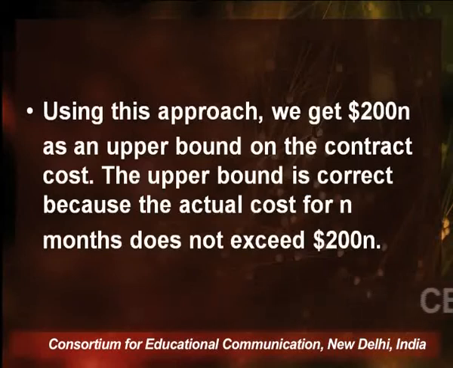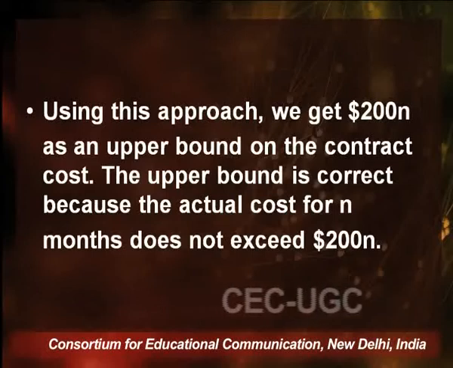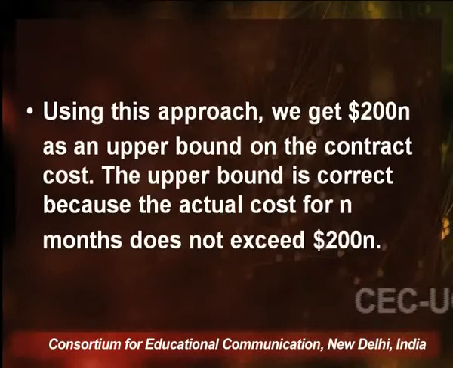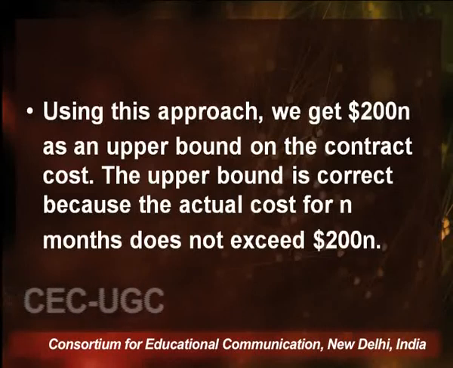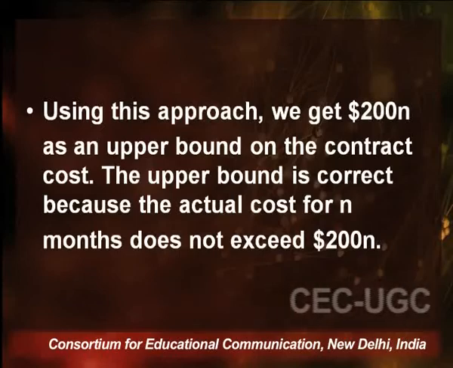As far as the term upper bound is concerned, the upper bound of 200n is correct, because the actual cost for n months is not going to exceed 200n, and that is perfectly fine. But please look, there are major months in which we are paying $50 according to the maintenance contract example, or according to the conditions.